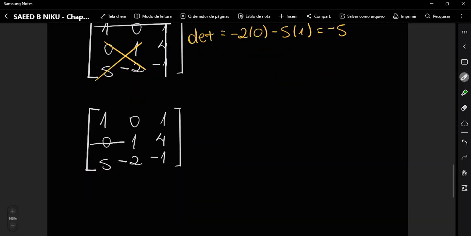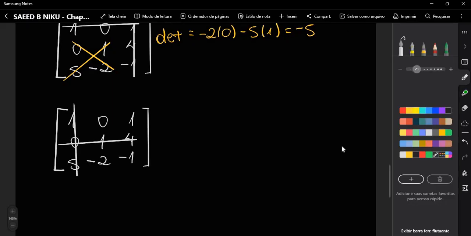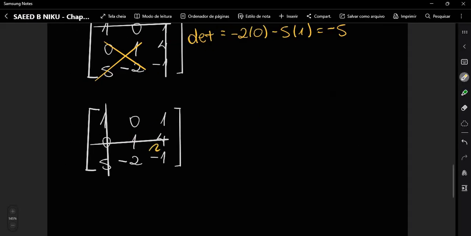Right here, we block out the line, we block out the column of this element of the matrix, and calculate the determinant of what is left.